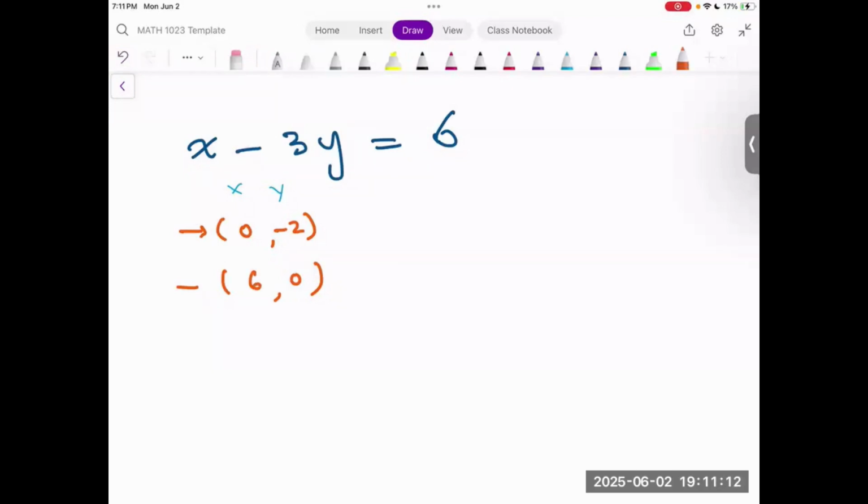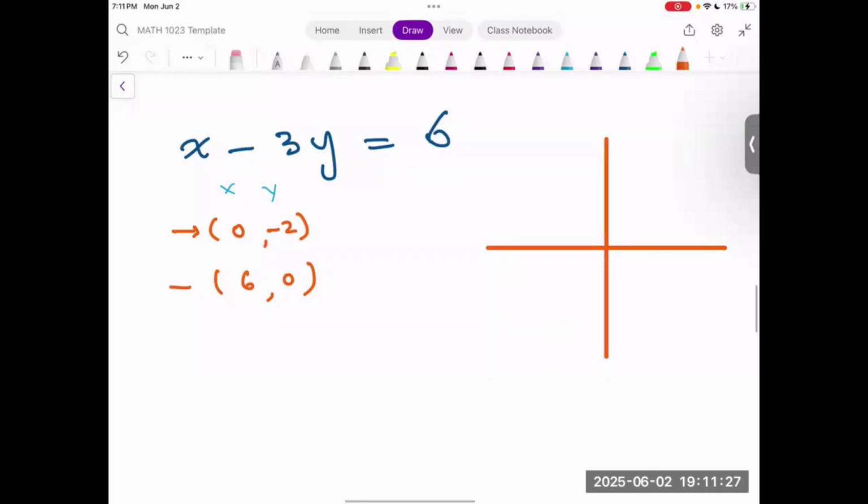You get these 2 points right now. Now what I'm going to do with these 2 points is just plot them. One of them is 0, minus 2, which is, let's say, over here.